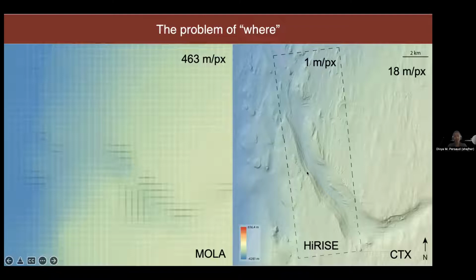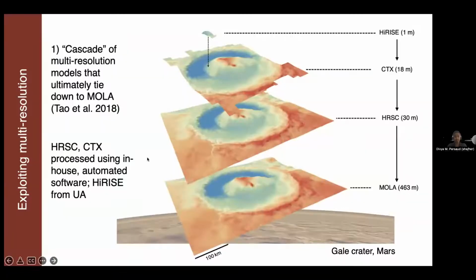So how do we know where things are? There's a method from Tao et al. 2018 of trying to use this cascade of multi-resolution images that we have. So I explained the different cameras that we have orbiting Mars. Say we look at Gale Crater with all of them and make 3D products at their different resolutions.